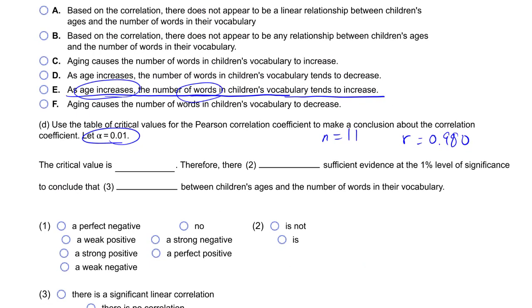So the critical value is 0.735. I have 0.980, and in absolute value, 0.980 is greater than 0.735.